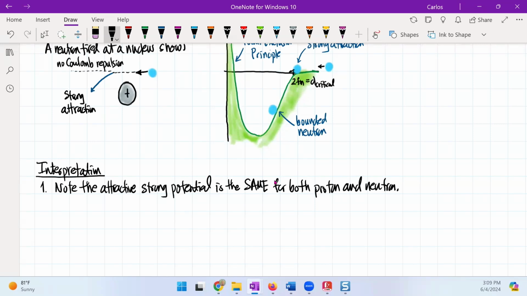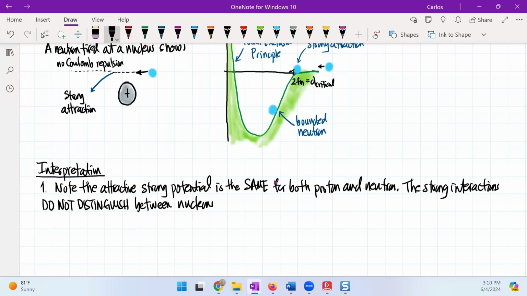And the reason for this is that the strong interactions do not distinguish between nucleons. They don't tell the difference between a proton and the neutron.